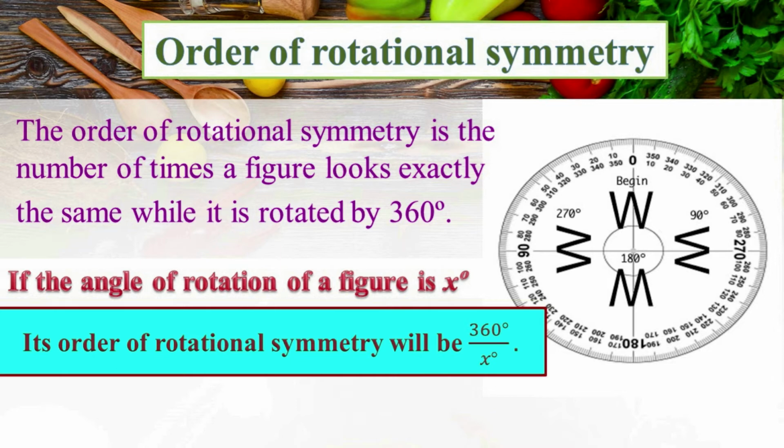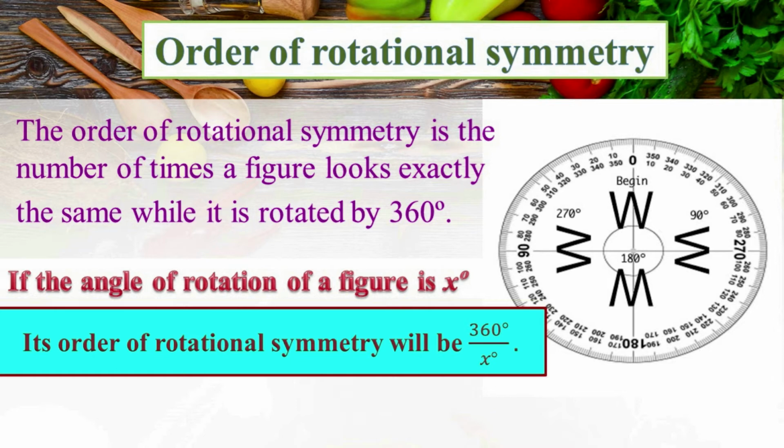We have completed 1 by 4th, which means we are at 90 degree, but we did not get the original shape of W. When you completed half of the rotation, it will be straight at 180 degree. It is not in the original shape. On the next move, we are at 270 degree. Again, it is not in the original shape.